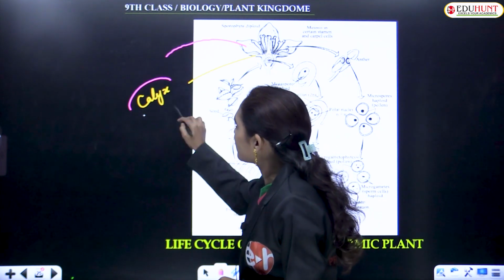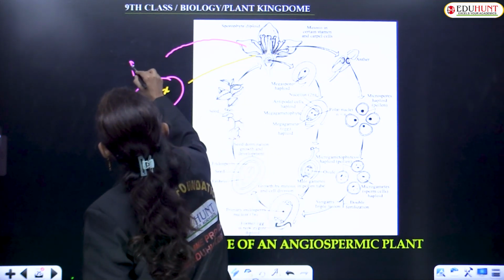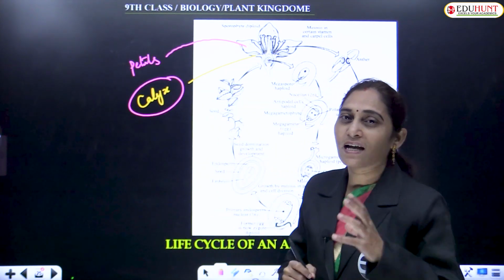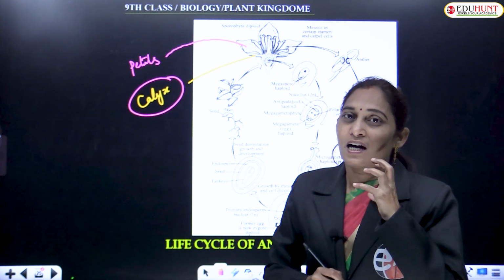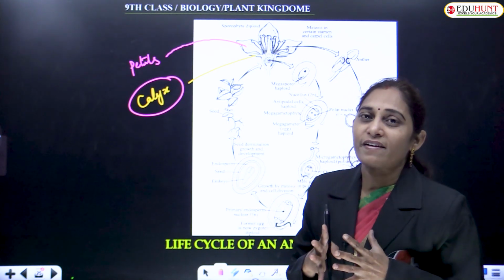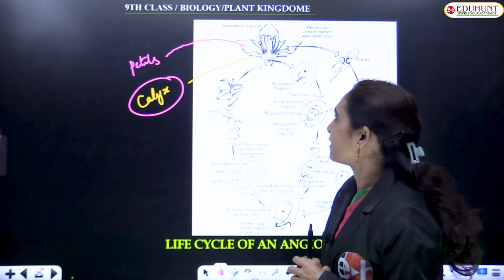These are sepals, and the second whorl, petals. Petals are attractive. Most of the time, petals are meant for attraction. Attraction of what? Attracting the pollinators.